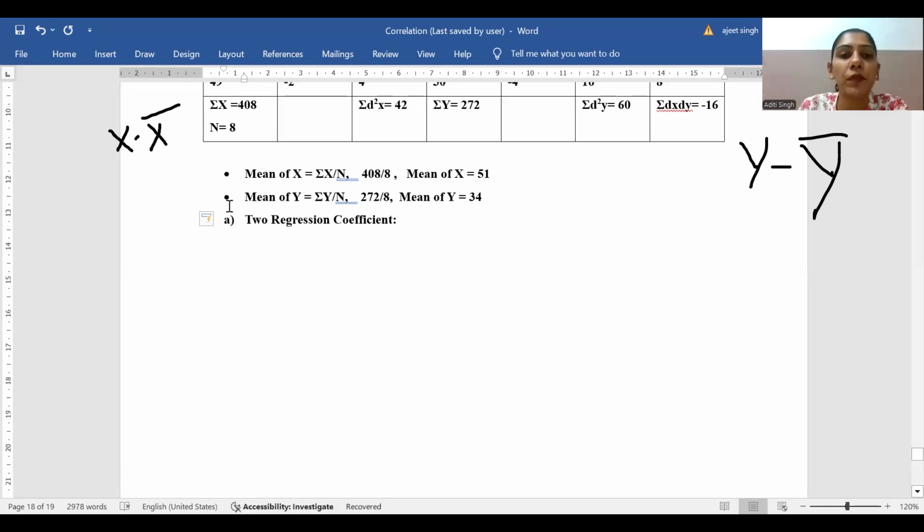Okay. So let me first write down the formula for calculating the two regression coefficients.